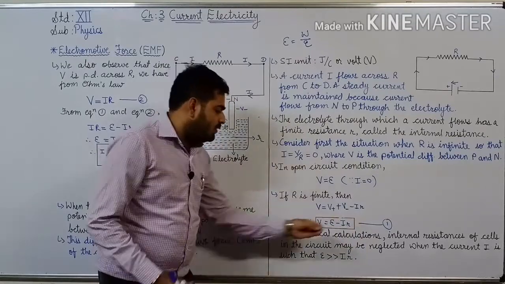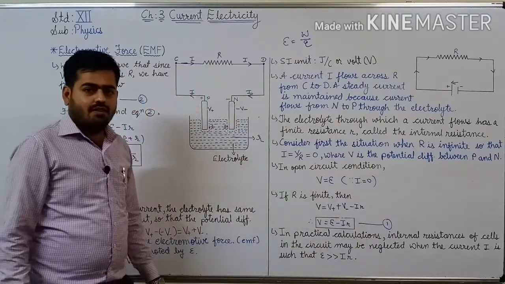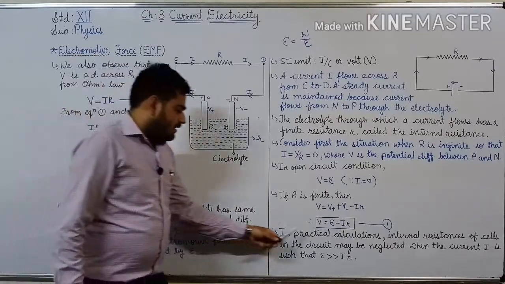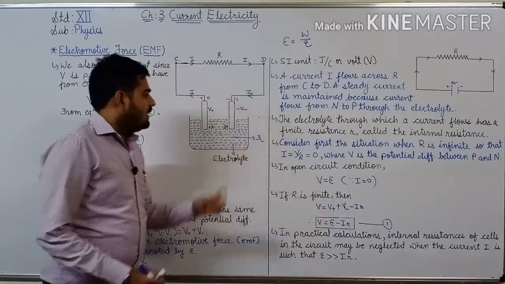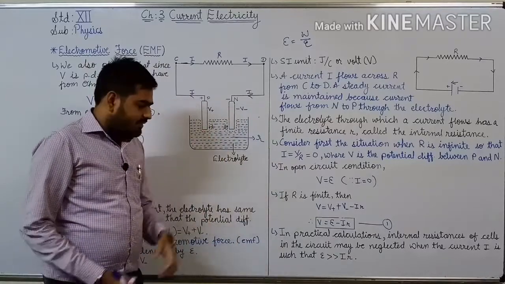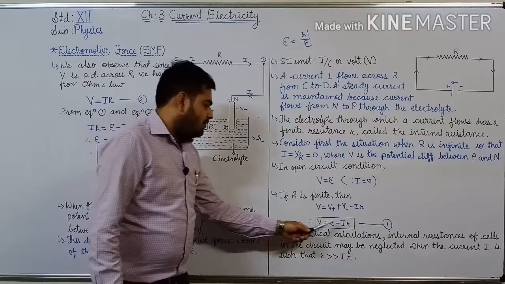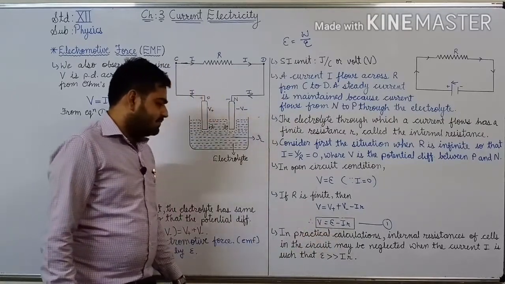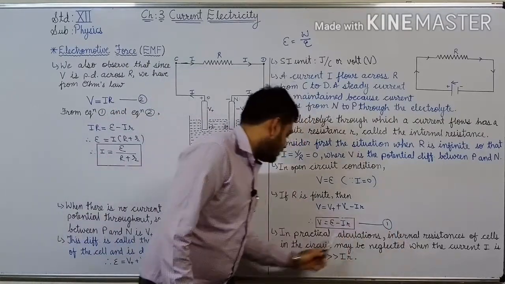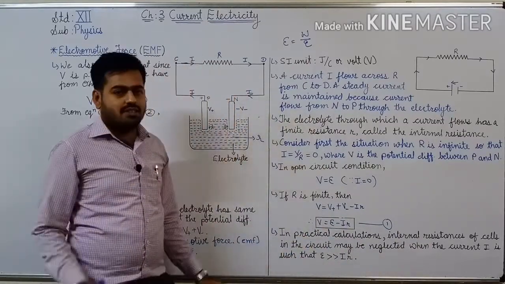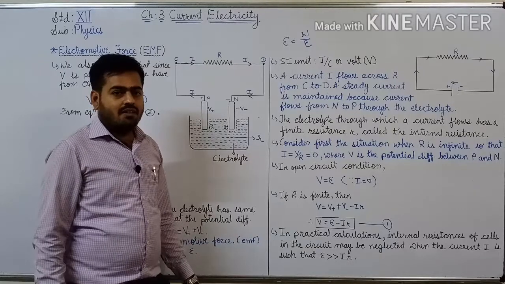We can neglect the value of internal resistance when EMF is very large. So in open circuit condition, if terminal voltage is very large, then we can neglect the value of internal resistance. At that time internal resistance of cells in the circuit may be neglected. तो उसमें internal resistance को consider करने की कोई ज़रूरत नहीं है.